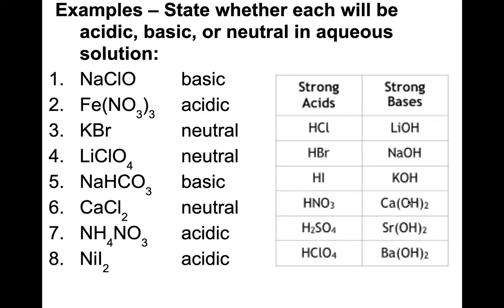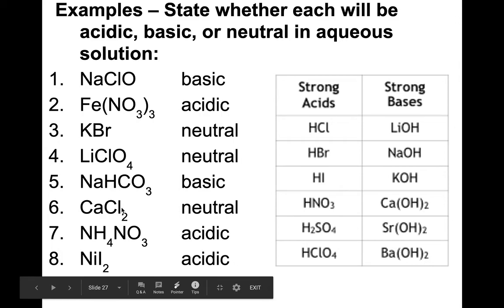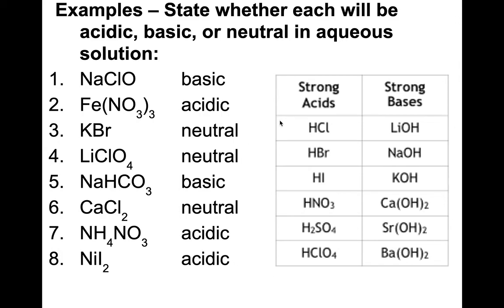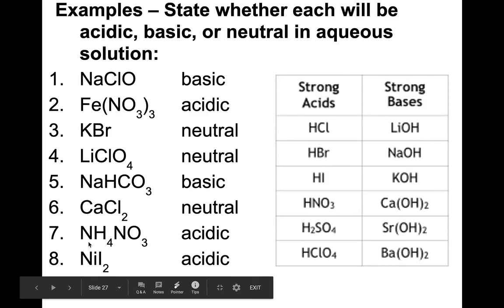Calcium chloride: calcium is neutral. It's the conjugate acid of a strong base. Chlorine is the conjugate base of a strong acid. It is neutral. NH4, NO3.